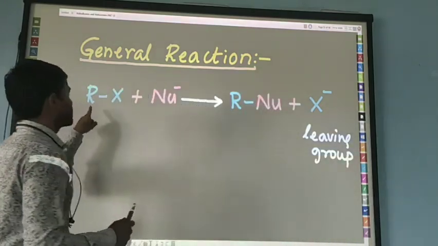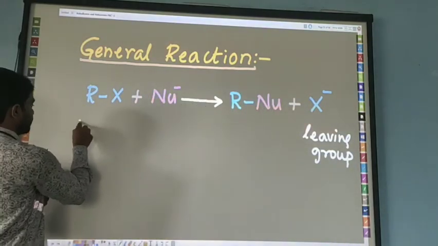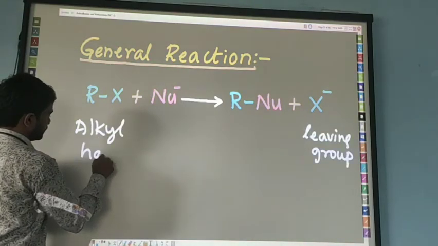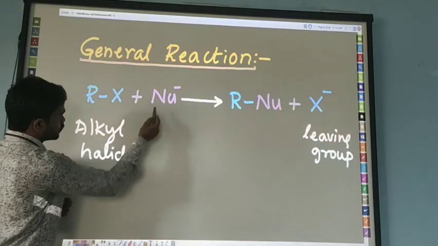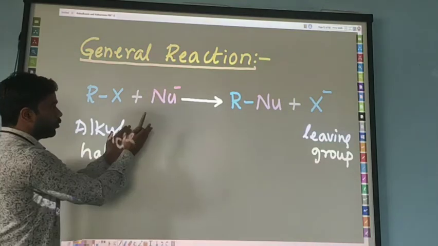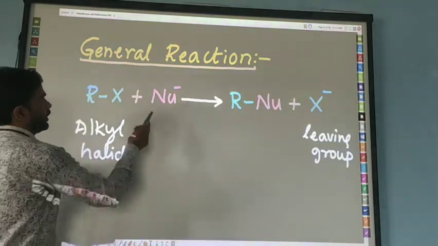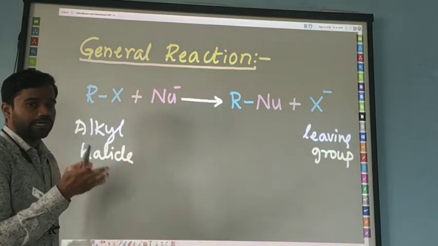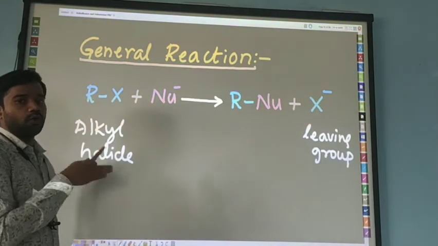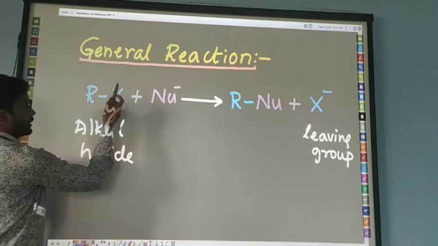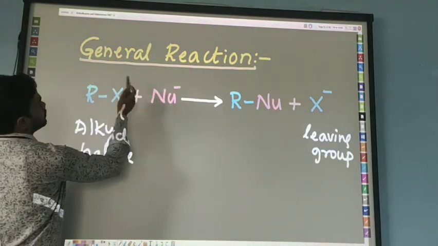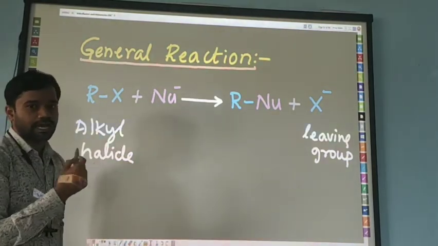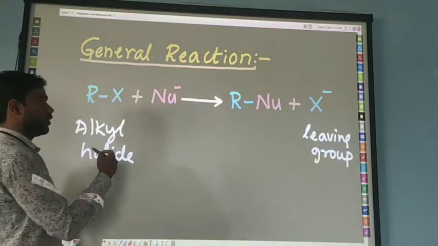This is known as alkyl halide, and this is known as a nucleophile. We already know that the arrow moves from the higher electron density to the lower electron density. Before that, there is a formation of partial negative charge and partial positive charge.